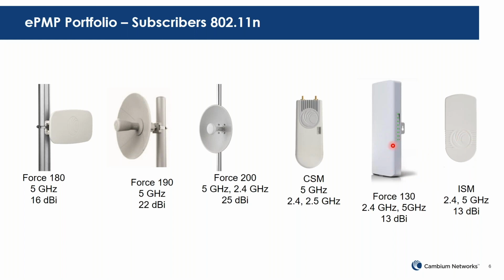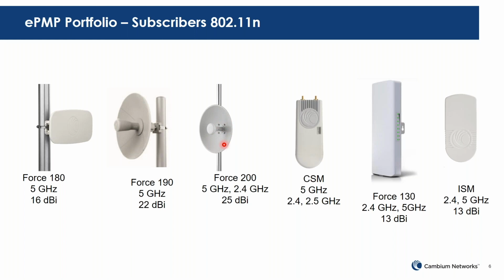So the least SM that we have is the FOS 130, and you use these for very short distances and places where you don't have much interference. For even those short distances, the FOS 200 would be recommended when you have a lot of interference.